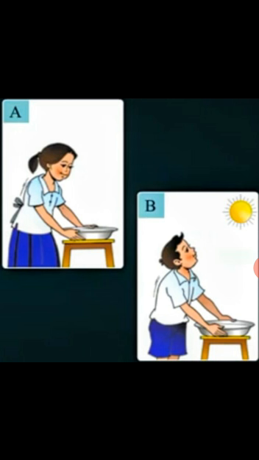Now see what happened. We will do the explanation of this activity. You must have realized that the land cools down earlier than the water, right? If you kept the water on land inside the house, the water will be cooler because the land is much cooler than the water.